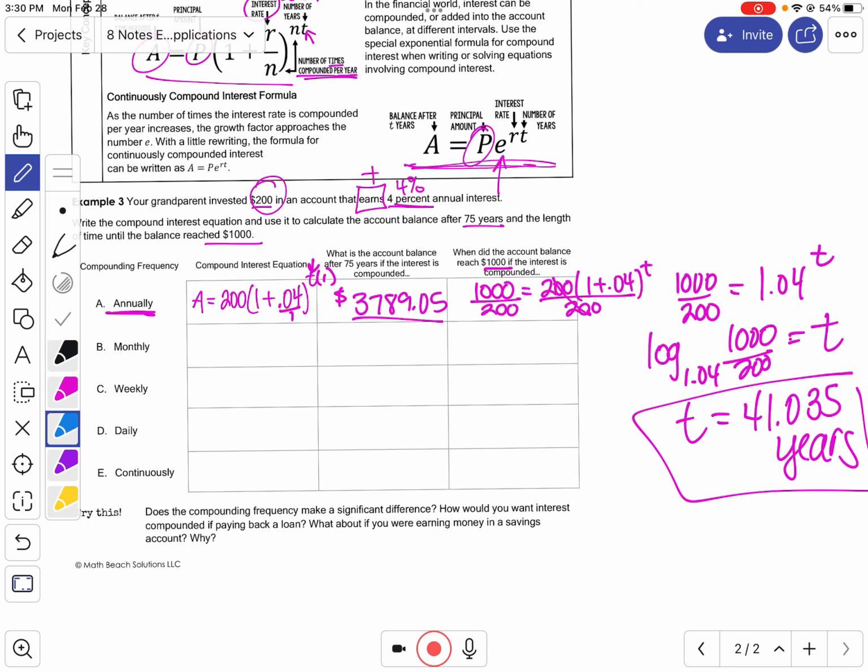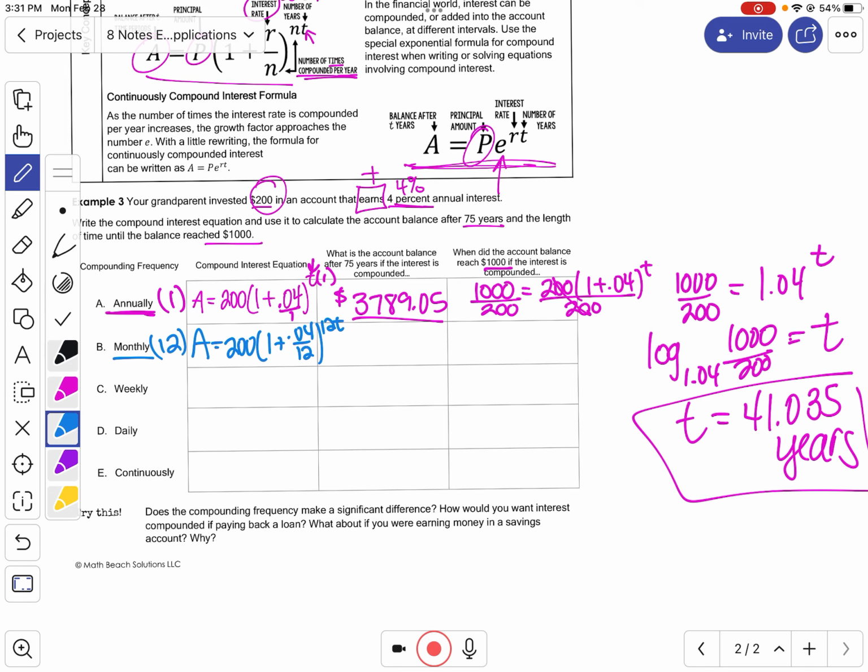Okay, so now I'm going through the same part, except I'm going to be compounding differently. So compounded monthly. Annually is just once a year. Monthly would be 12 times a year. So my equation here would be A equals 200 times 1 plus 0.04 divided by 12, and then I would have a 12t.